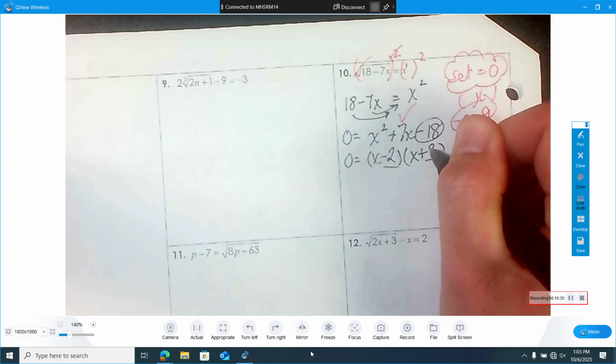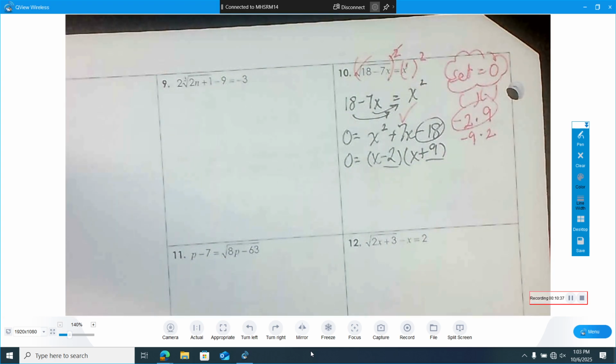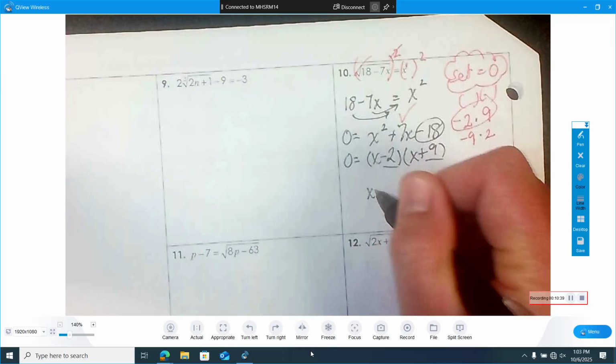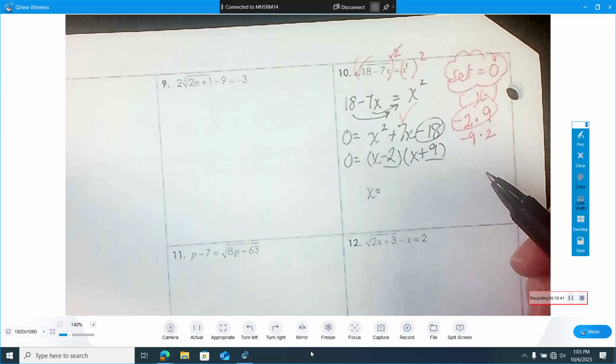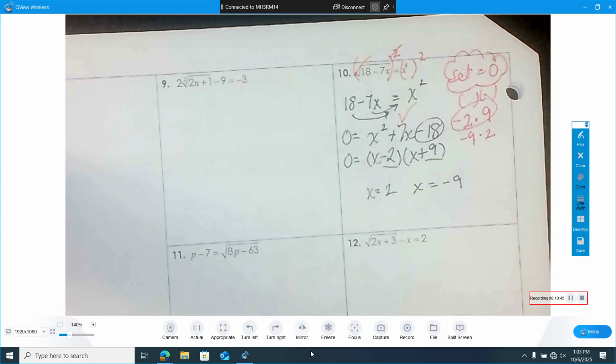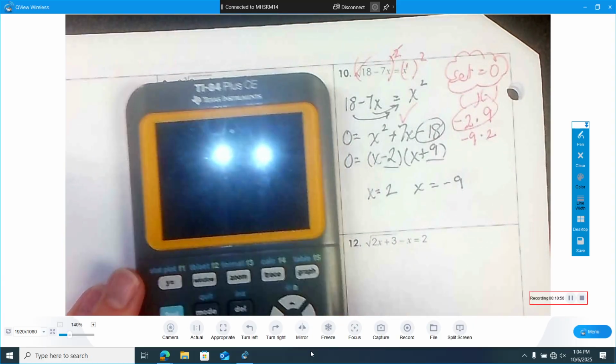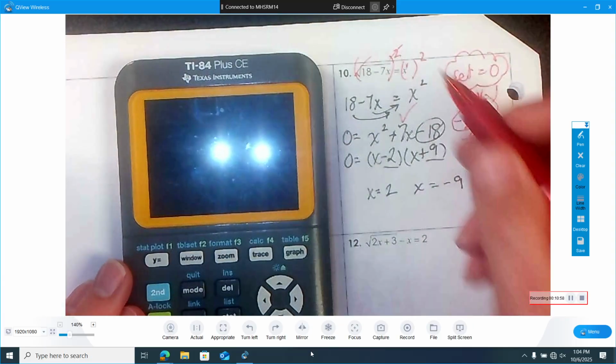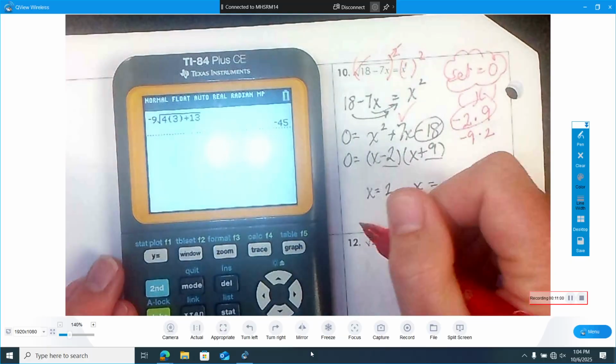Negative 2 and positive 9, which means x equals 2 and then x equals negative 9. Okay, 2 options there. X equals a positive 2 or x equals negative 9. And one of those is not going to work. Plug it back in to check. So again, I'm going to go back in and check my square root here.